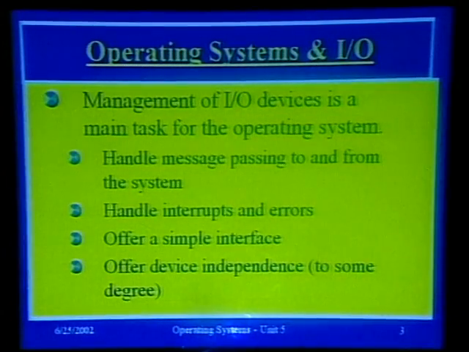The operating system, as we discussed previously, provides us the following I/O related services. The operating system handles the message passing to and from the system. It handles interrupts and errors, it simplifies the interface of the I/O devices with the users, and it offers device independence to some degree.